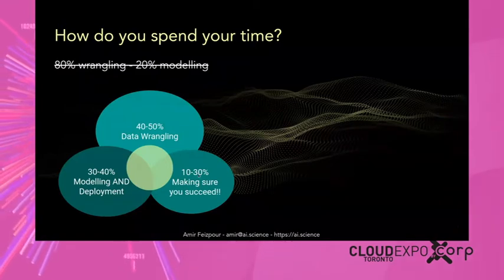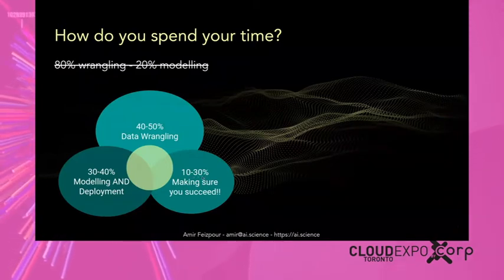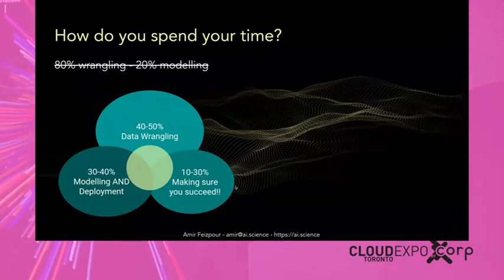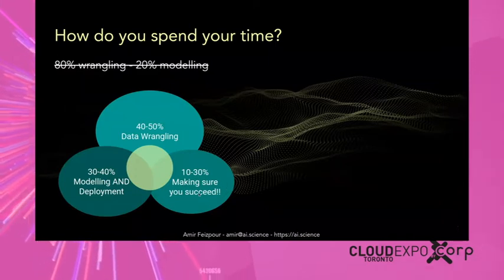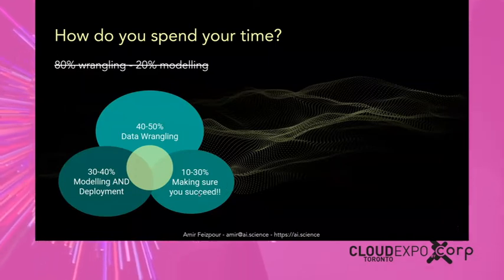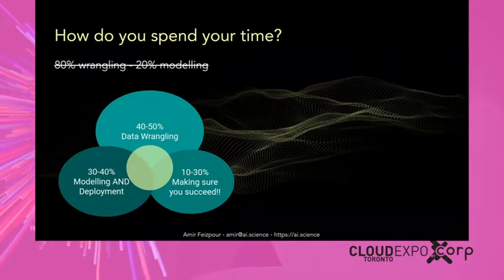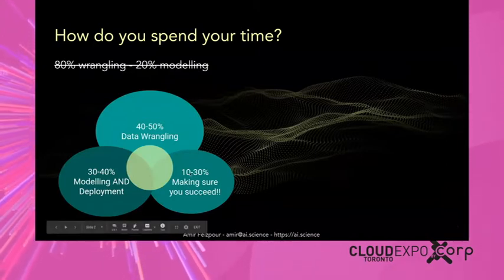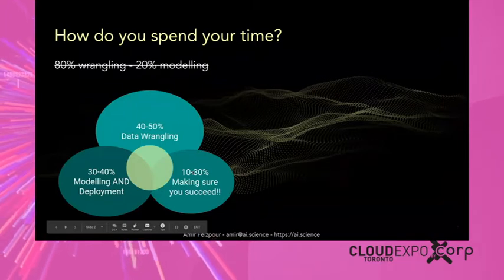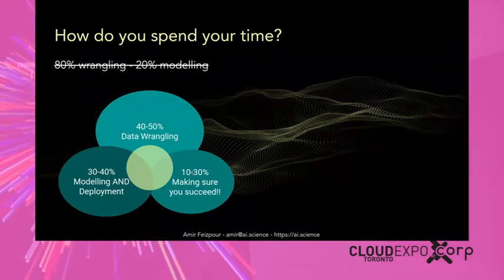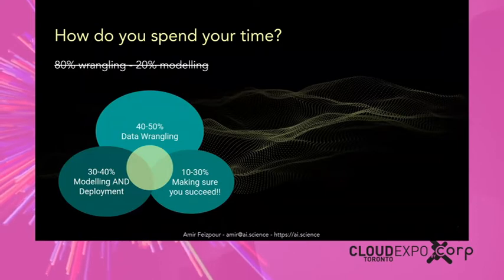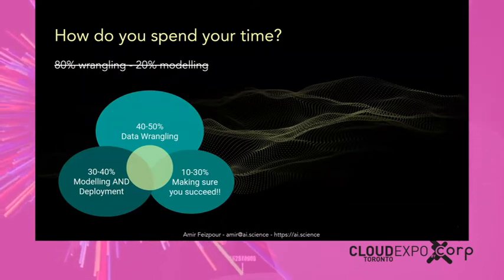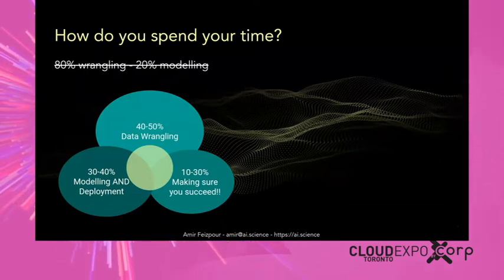And of course, you have to spend anywhere between 10 to 30% of your time on making sure that you're working on the right problem, you're setting it up for people to see it, and hopefully use it. And the combination of all of these factors means that you really need to think about AI through a much bigger lens than what we usually do.